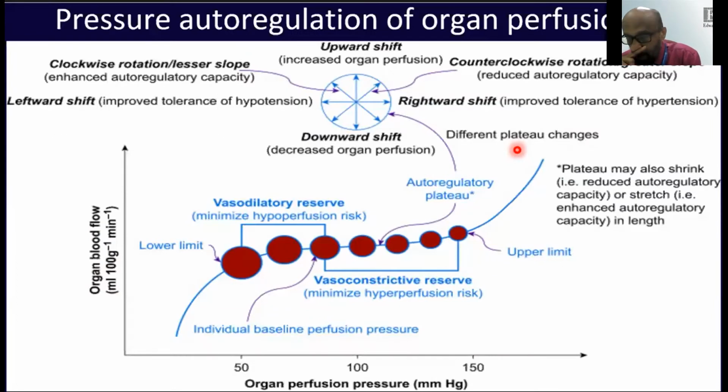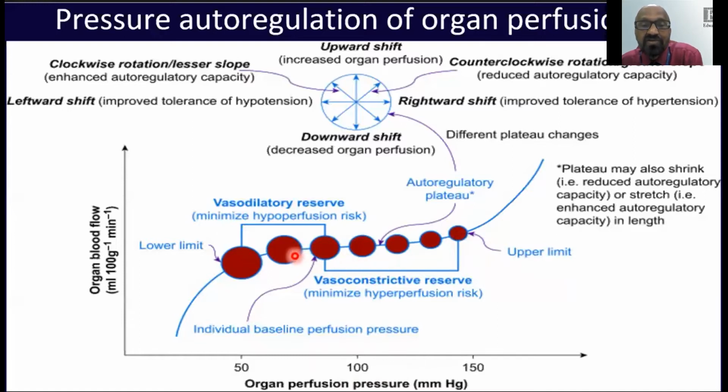The second point I would like to mention is about autoregulation. In this pictorial representation, the horizontal axis represents the perfusion pressure or the mean arterial pressure, and the vertical axis represents the blood flow. The blue curve is the autoregulatory curve, and in the flat portion of the curve, irrespective of the mean arterial pressure or the organ perfusion pressure, the blood flow is maintained.